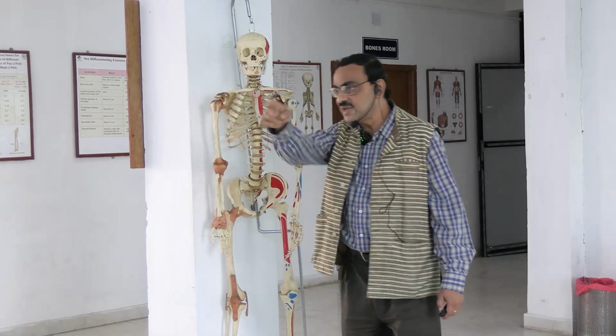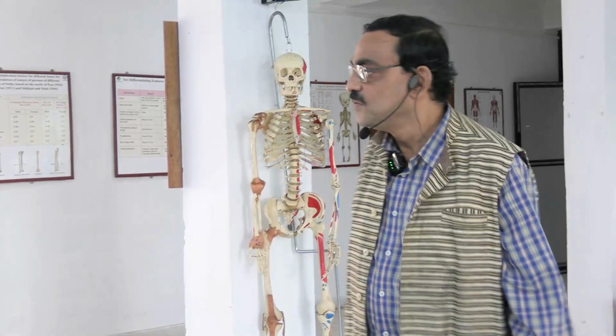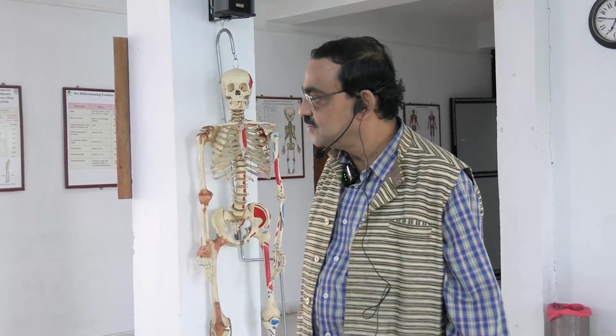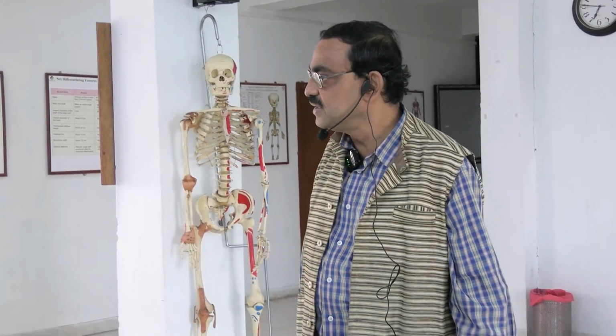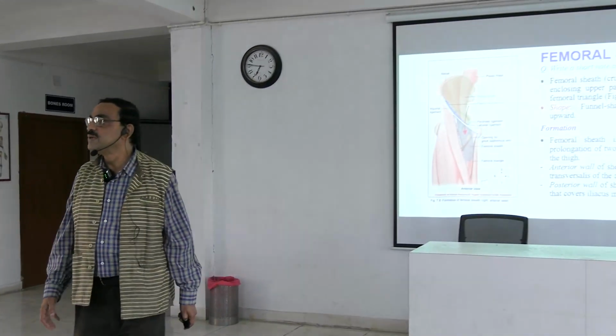In our abdomen, we can see the iliacus muscle, okay, resting over the iliacus, and also the fascia iliaca, okay. So they are covering all these vessels, and they ultimately form the femoral sheath.